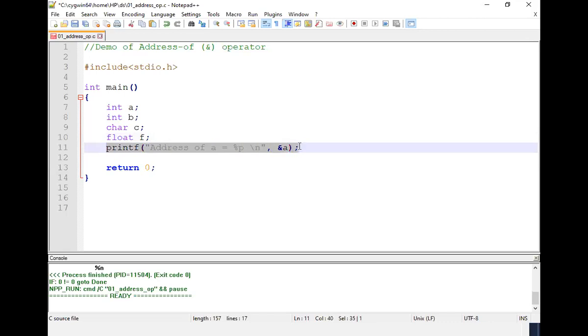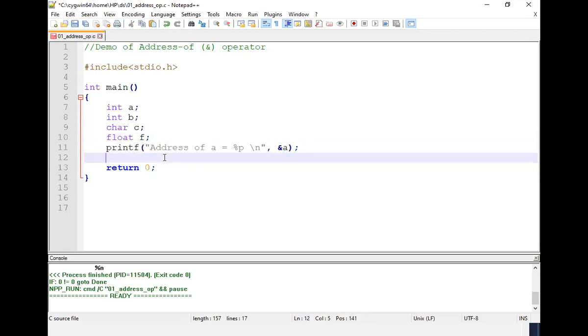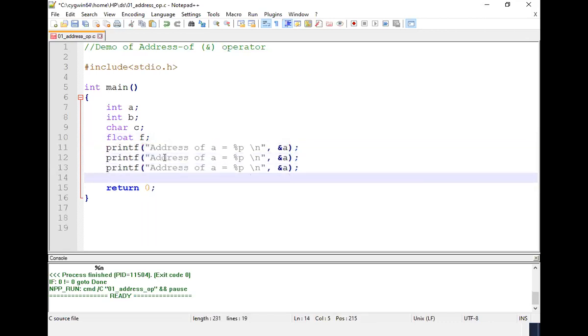In the printf statements, I will rewrite a few more to include the addresses of the different variables: address of B, address of C, and address of F. A and B are both integers, C is a character, F is a float.